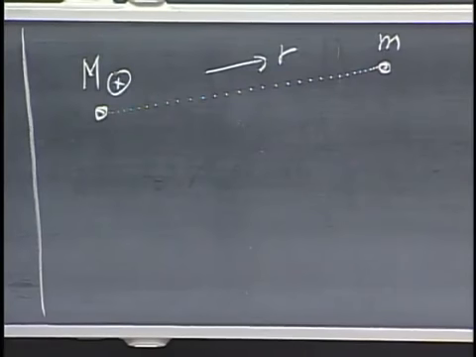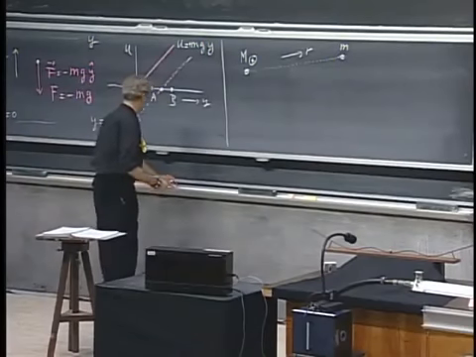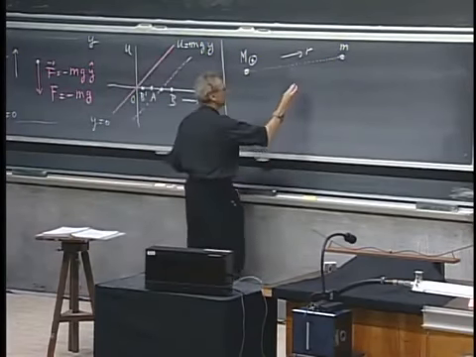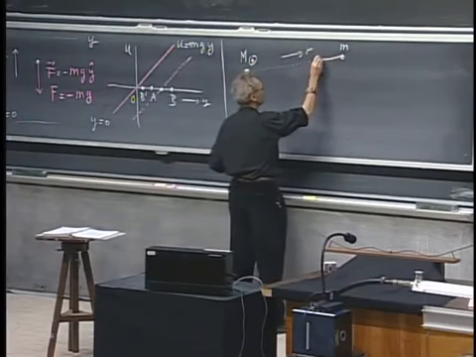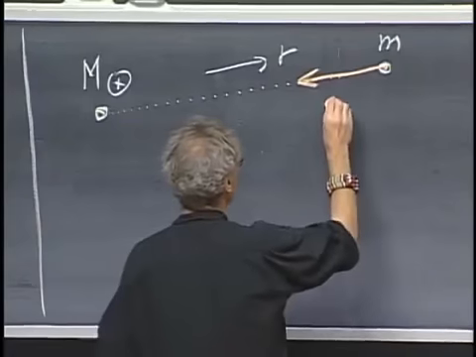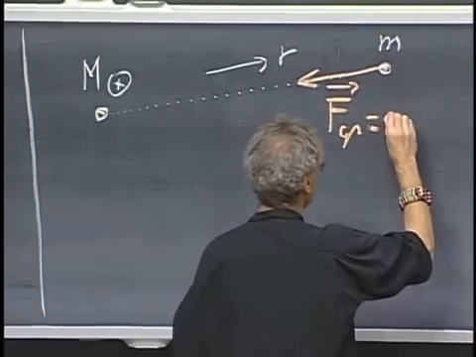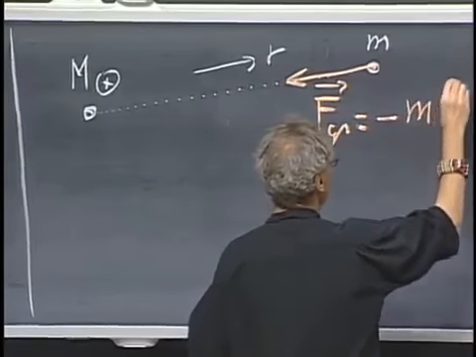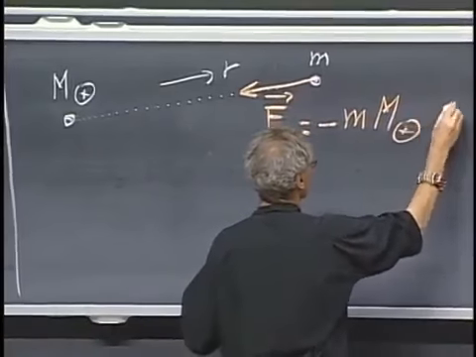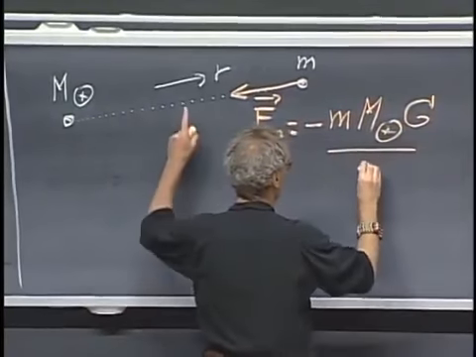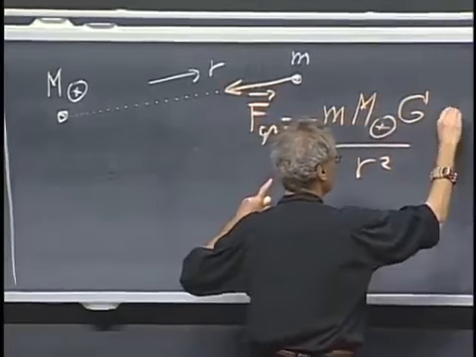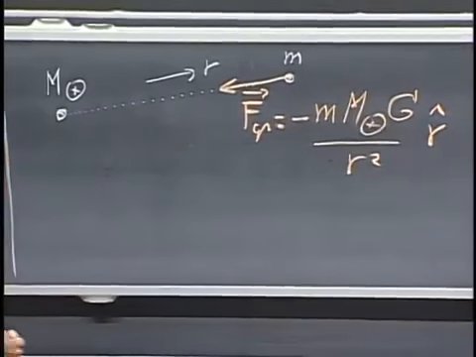I now know that there is a gravitational force on this object, Newton's universal law of gravity, and that gravitational force equals minus M Earth G divided by r squared, r roof. So this is a vectorial notation.